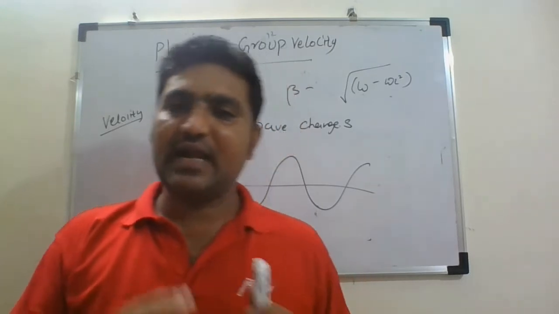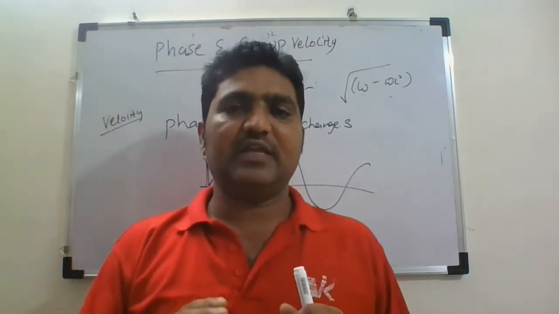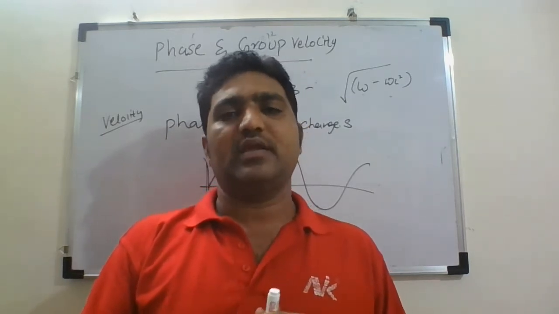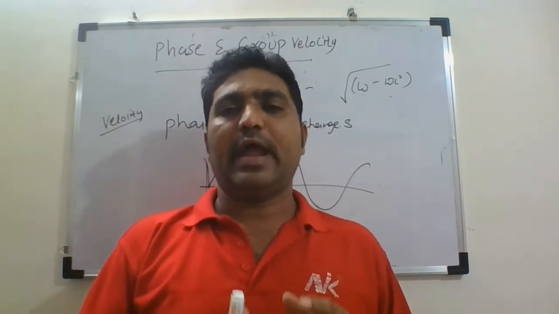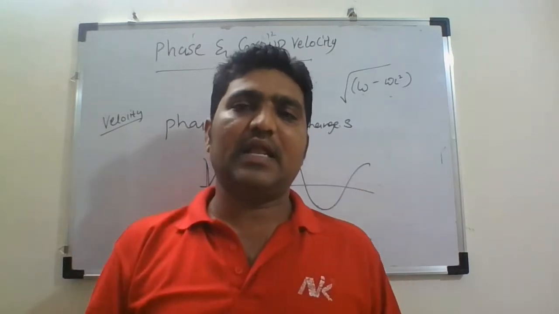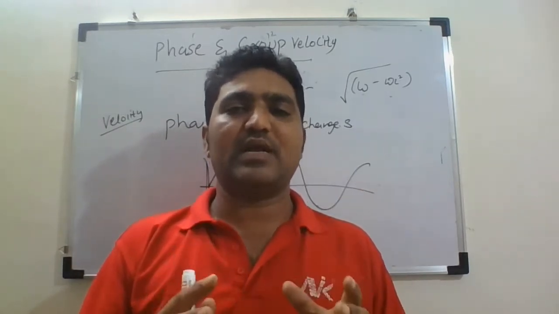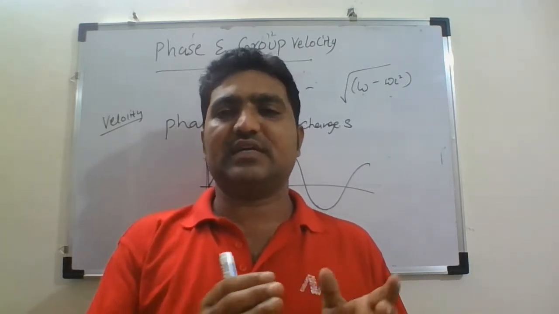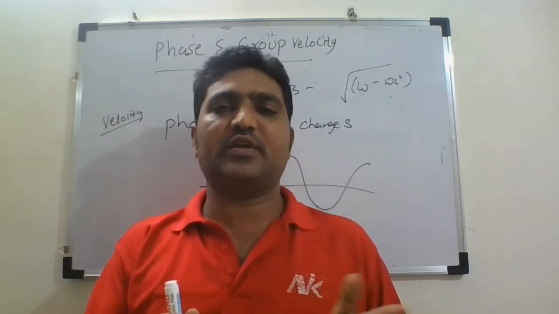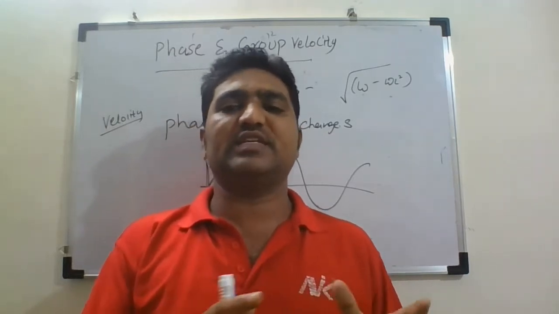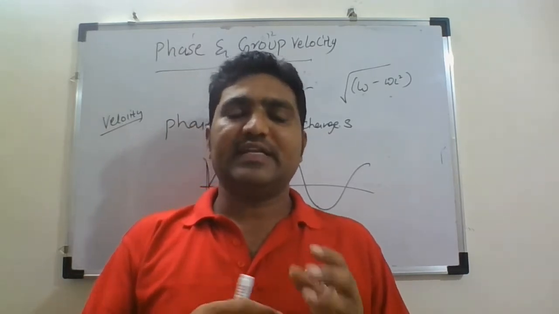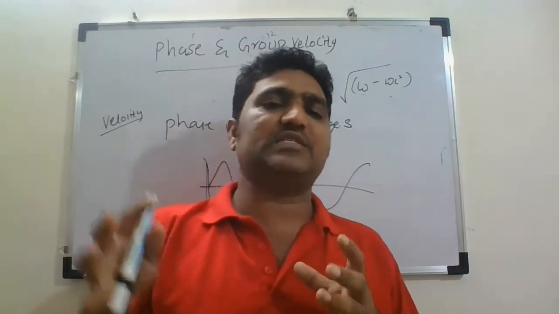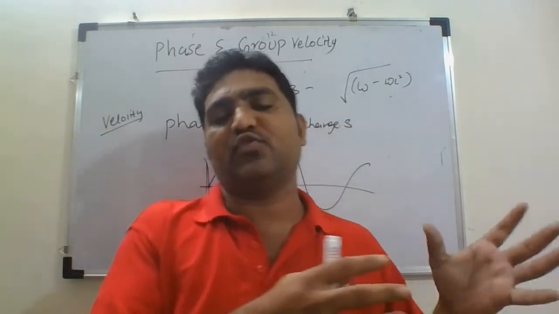The second velocity that exists for this kind of wave is the group velocity. For example, if I have multiple waves with frequencies that are closely separated from each other, it is the rate at which this combination, this group, is propagating in the direction of propagation.